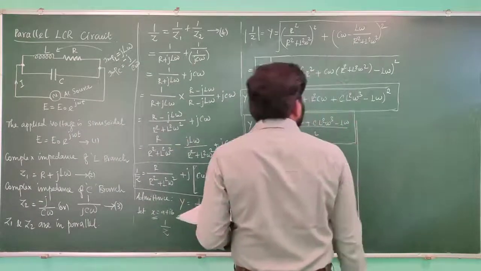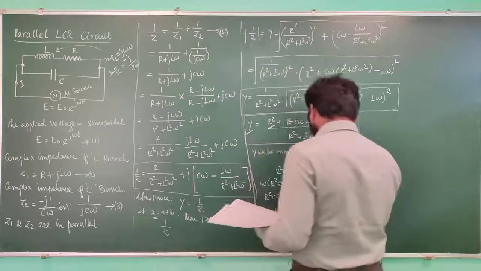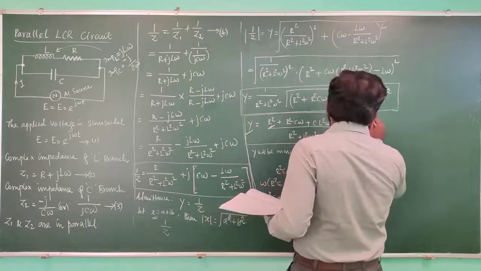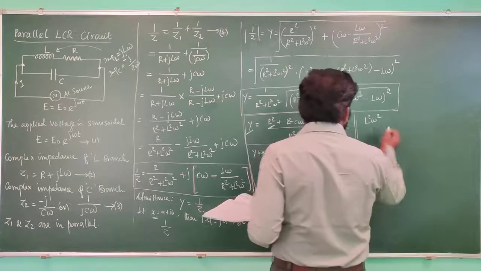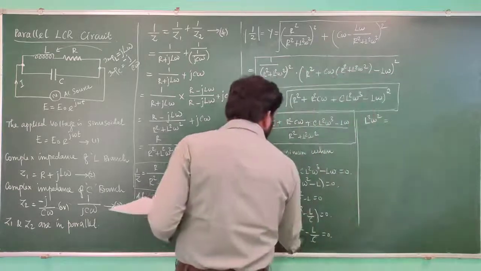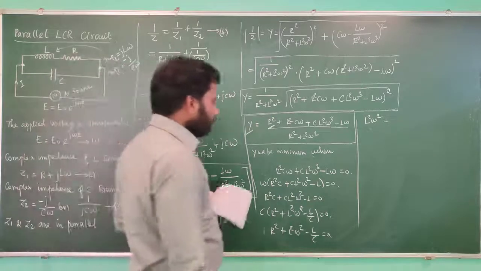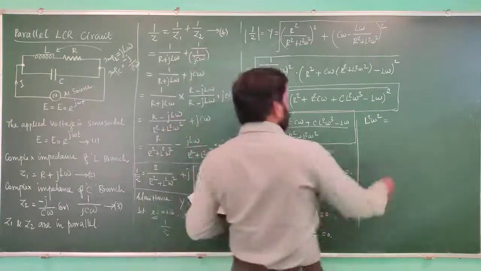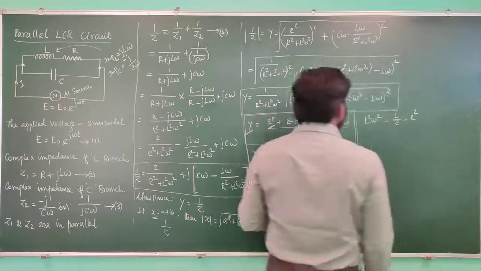Now we can rewrite this. Keep l square omega square on the left side, and bring r square and minus l by c to the right side, so that it becomes l by c minus r square.